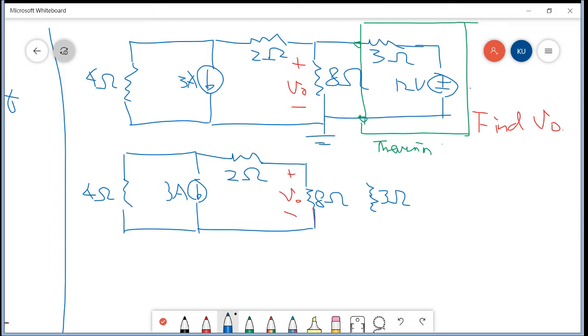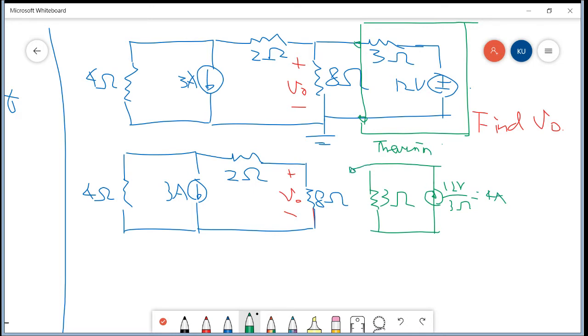Maybe I use the green color. So we have 3 ohm in parallel with a current source. Be careful about the direction of the source. So this should be 12 volt over 3 ohm, which is 4A.